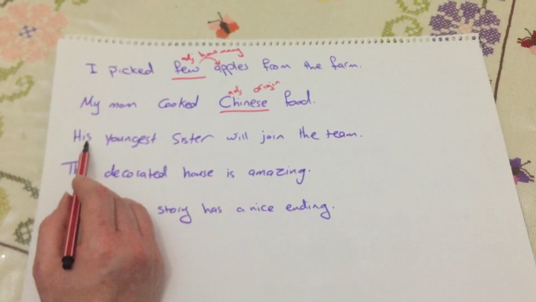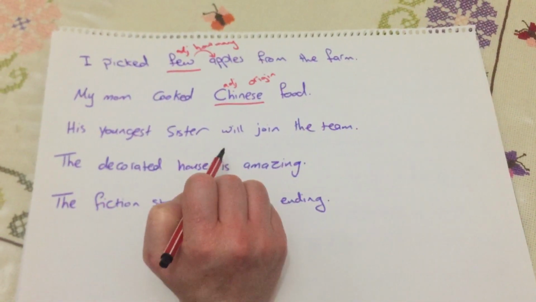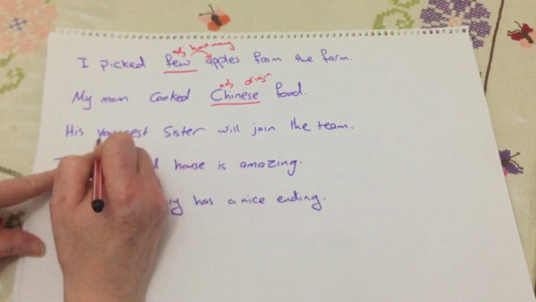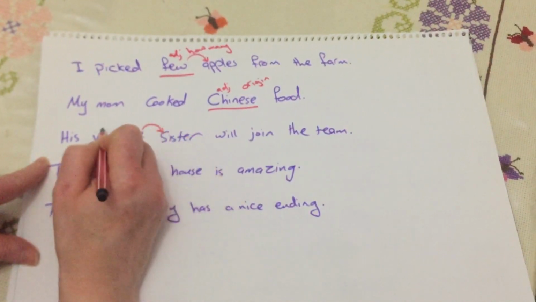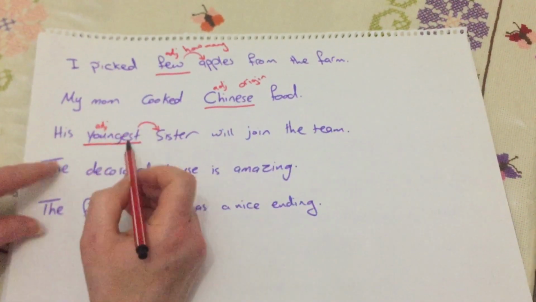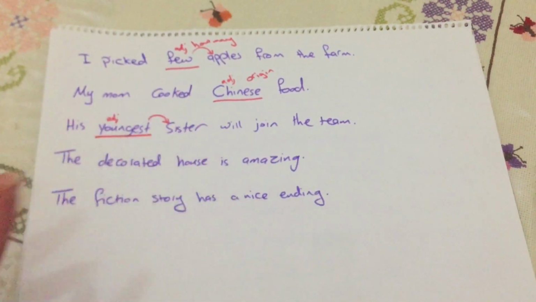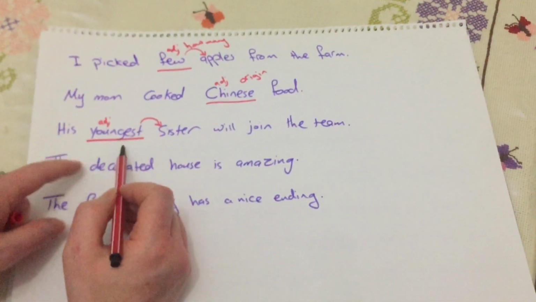Now, the third sentence, his youngest sister will join the team. Now, what is the adjective in this sentence? It's youngest. We use it to describe his sister. This is the adjective. Now here, his youngest sister, I'm comparing his sister with all the sisters in the family or all the girls, that she's the youngest.